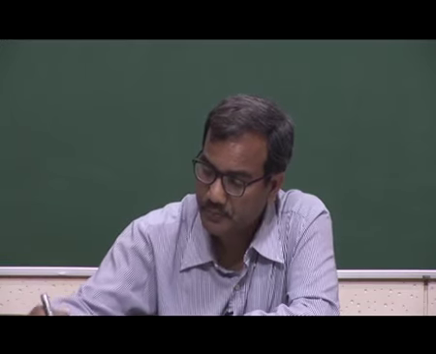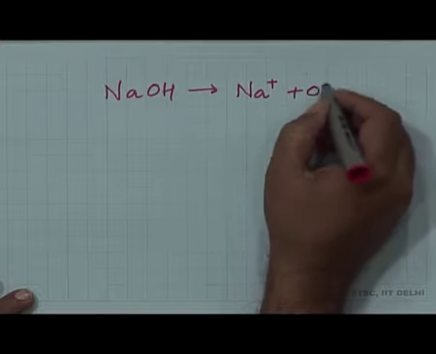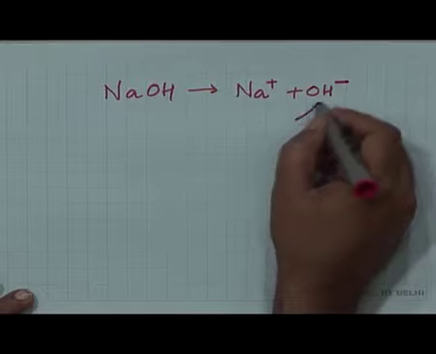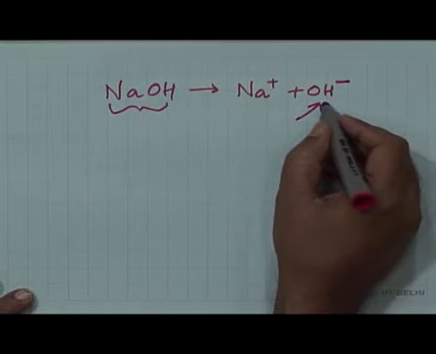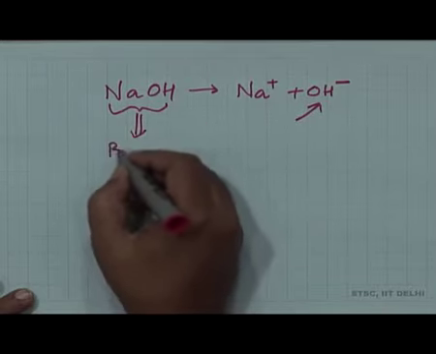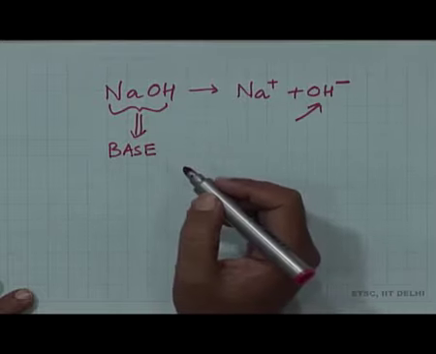So, sodium hydroxide put in water will dissociate into Na plus OH minus. Since NaOH is capable of giving OH minus ion, NaOH is your base.